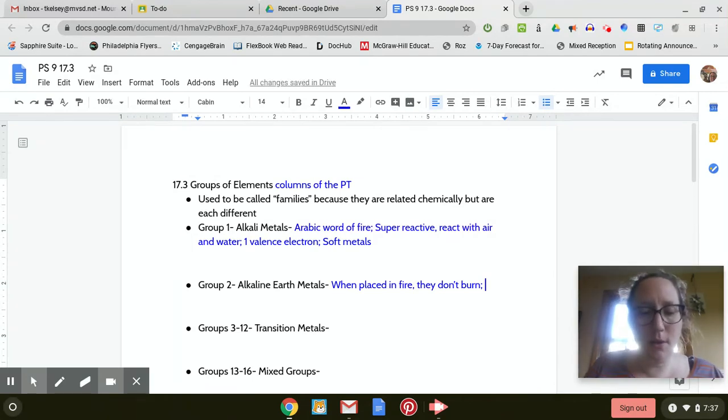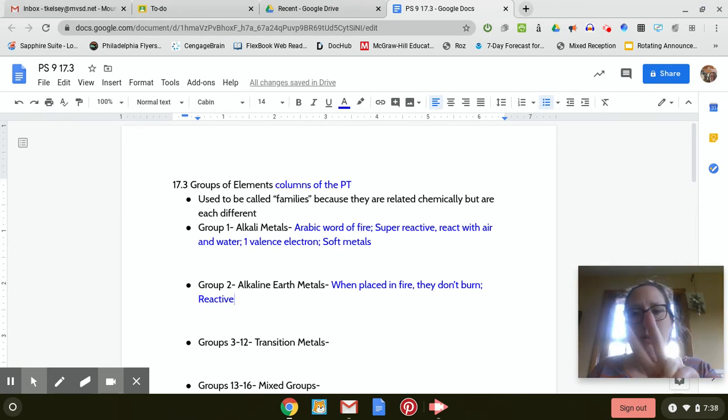These are also reactive because they have 2 valence electrons, and it's a lot easier to get rid of 2 than find the other 6 to fill that shell. These are not found as elements in nature because they're still reactive.